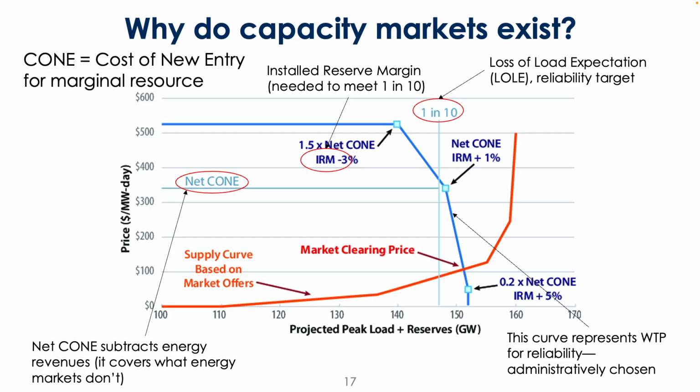It's just an arbitrary reserve margin that would get you up to the 1 in 10, I guess. The peak load that I'm referring to here is where supply meets demand. The clearing price? So the IRM is not in reference to the clearing price, it's in reference to this vertical line.